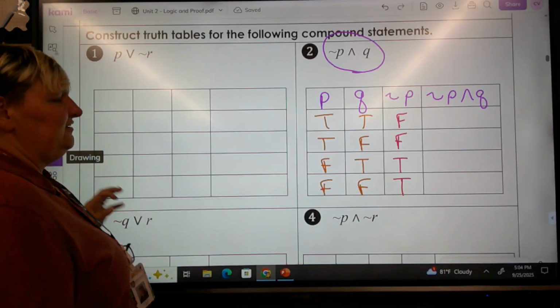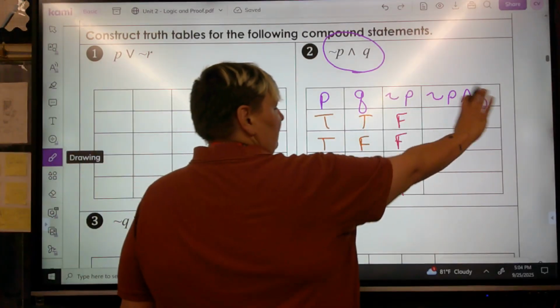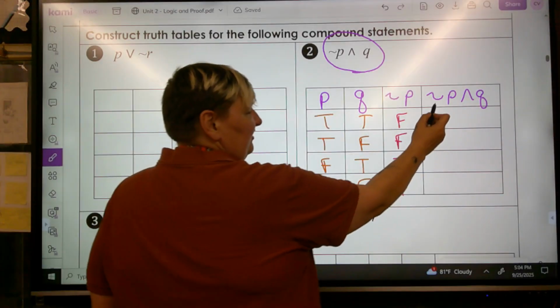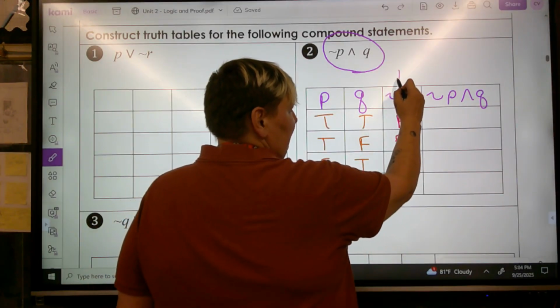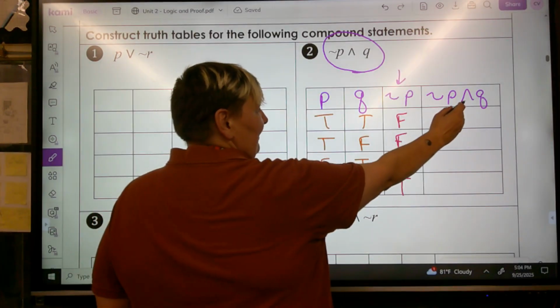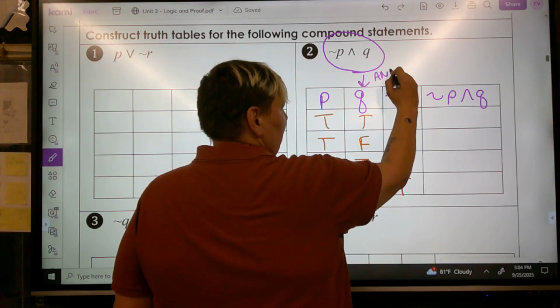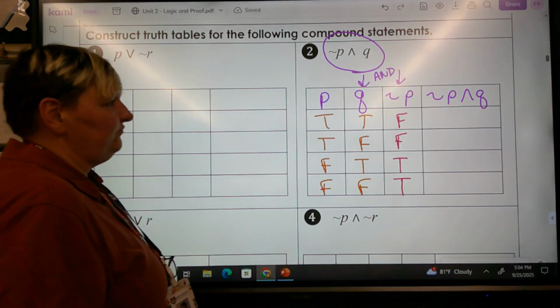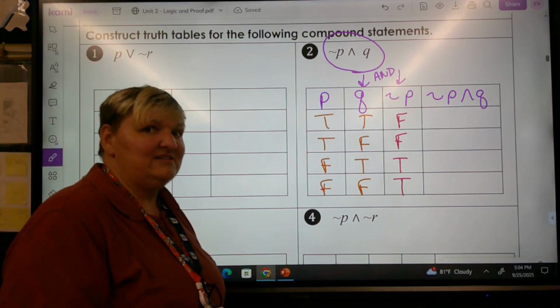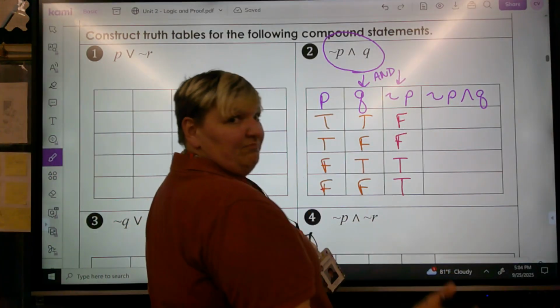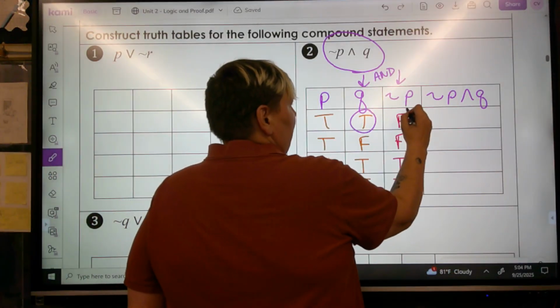Alright, and then for your final compound statement, you have to figure out which columns you're using. We're going to use not P and Q. Because it's an and statement, in order for it to be true, they both have to be true.